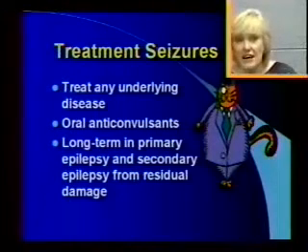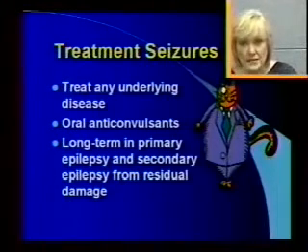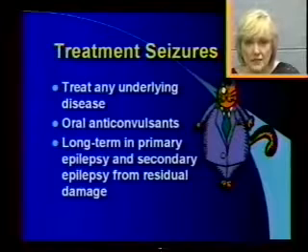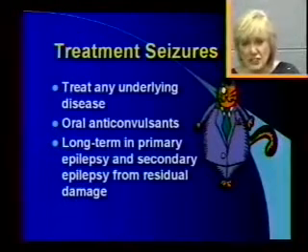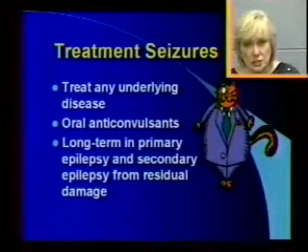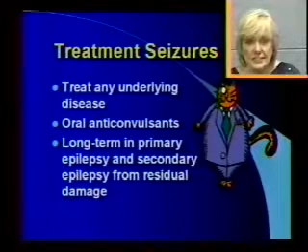Now, seizures that are not very frequent, we might be able to use some alternative medications and alternative therapies like herbal therapy and acupuncture. But once the seizures get real frequent and violent, we might not be able to control it with just those modalities alone. And we probably should at least try some oral anticonvulsants to get them started.